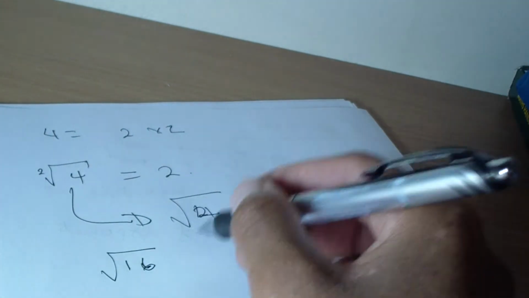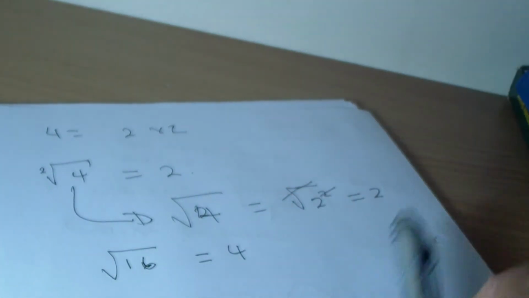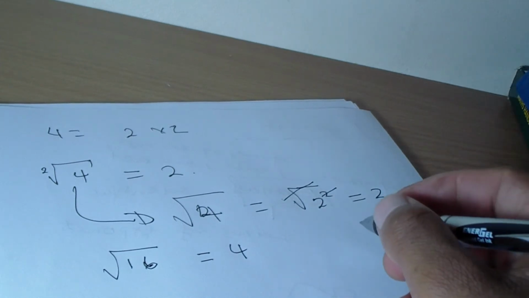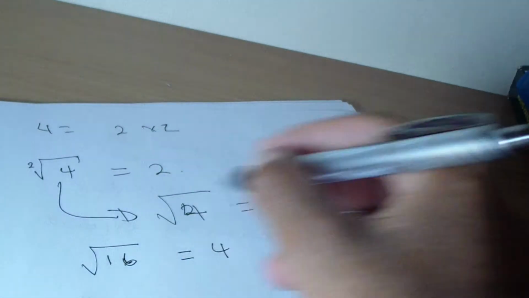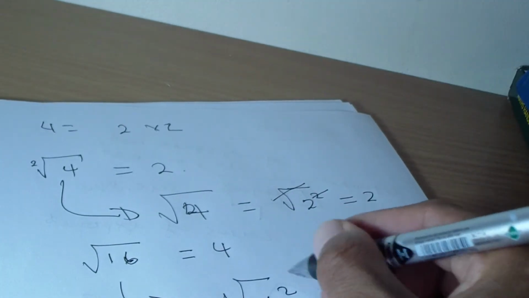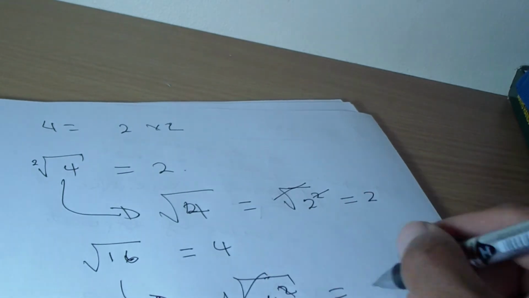The square root of 16, we know this is going to be 4. So take a moment and, using the same method that I used up there, see if you can come up with 4 as the square root. Should be simple because you know that you can rewrite this as the square root of 4 to the power 2, which is exactly the same thing as 4.